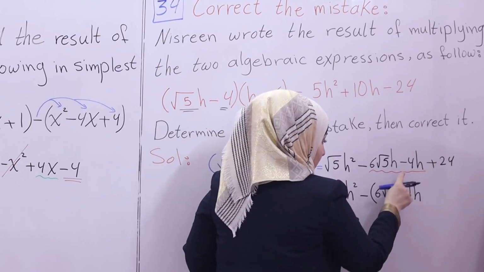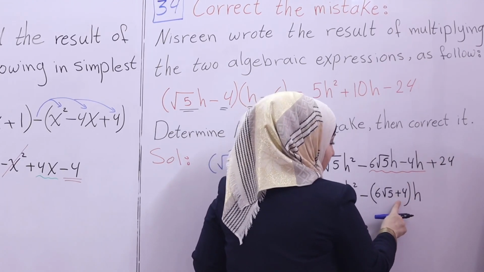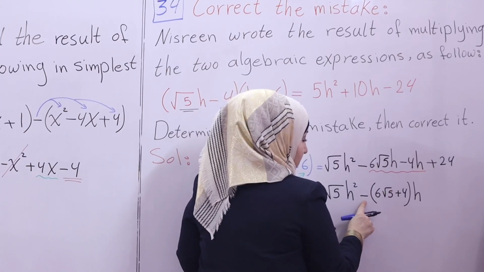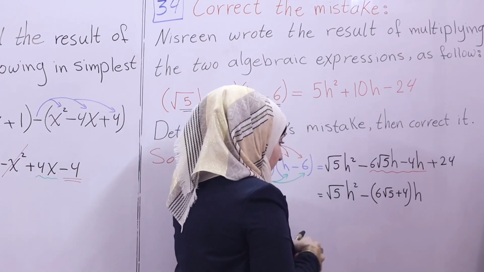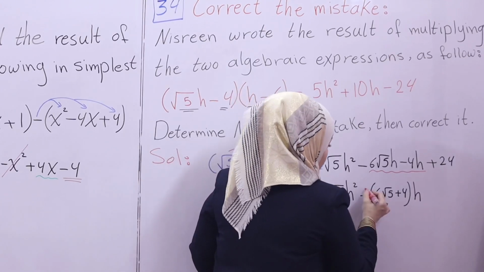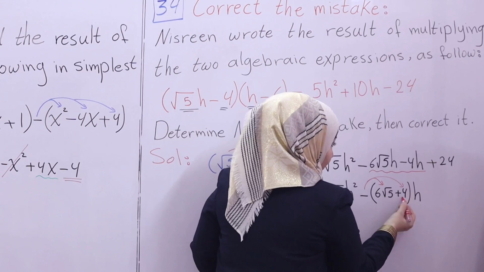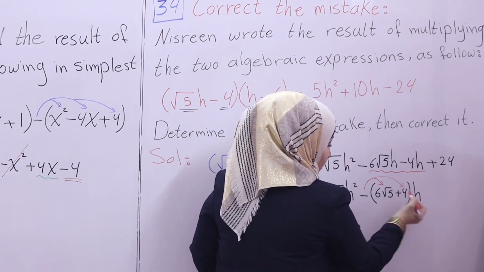Why does this sign become positive? Because we take the negative sign as common factor. So if we want to simplify it again, it will be minus 6 square root of 5 and minus 4h.